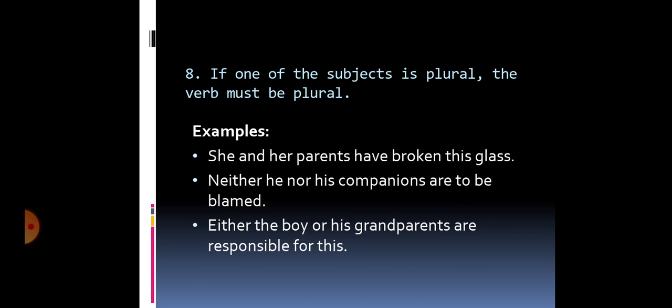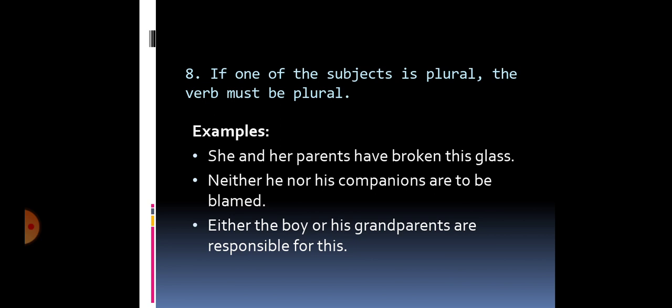She and her parents have broken this glass. So if one of the subjects is plural, then the verb must be plural. So that's why we have used have.